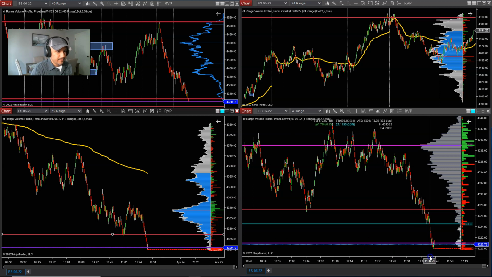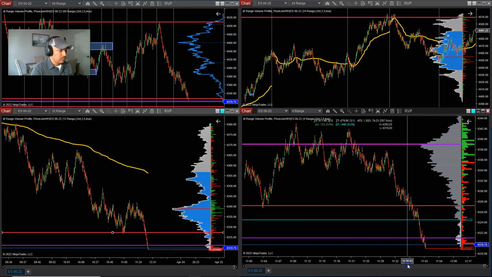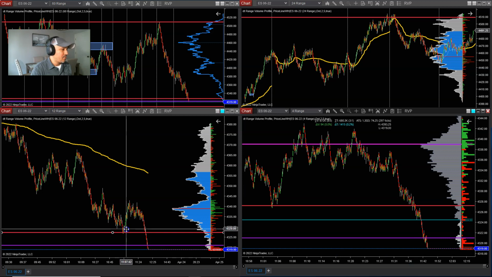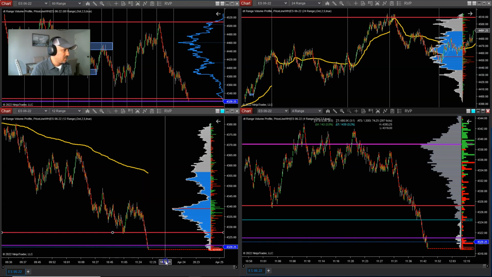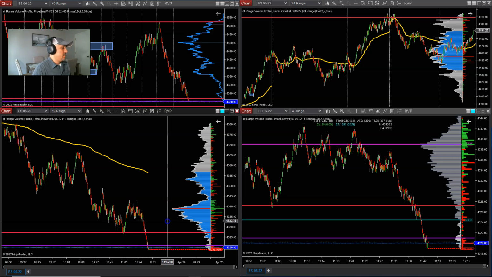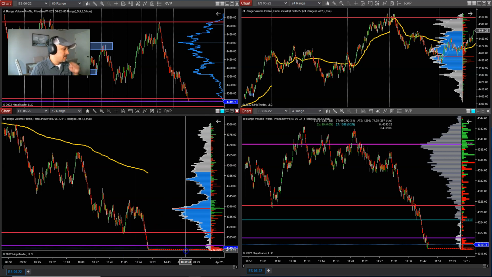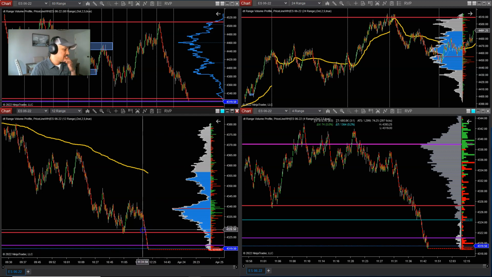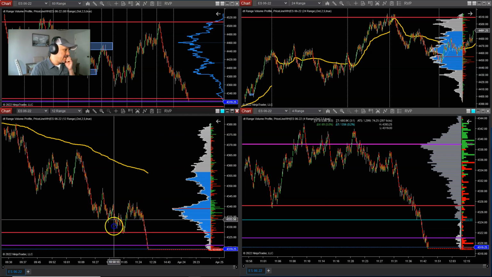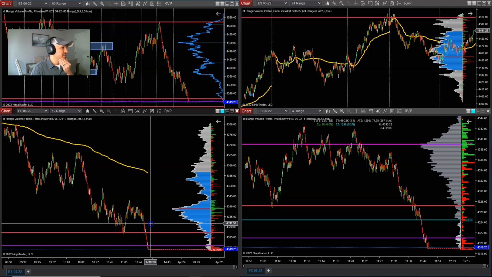What could happen here is that price could just retrace back to this area of resistance right here and then continue pushing lower. So honestly, even though there could be a bounce here, I would be looking for an opportunity more so to take a short when price retraces back up here. Okay, that'd be your safest bet.